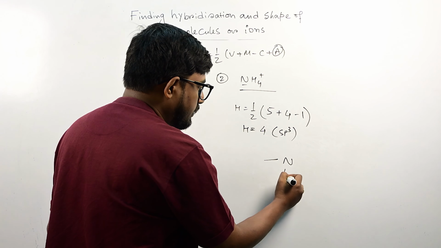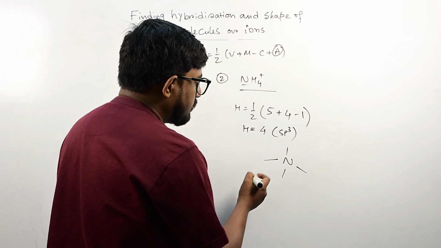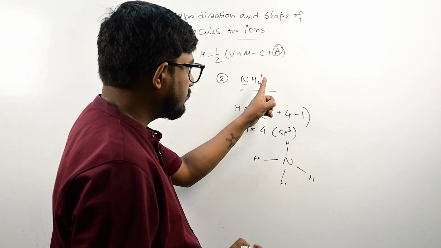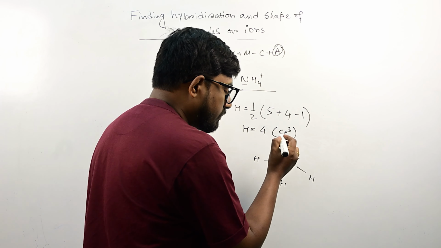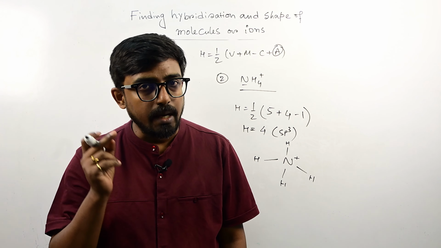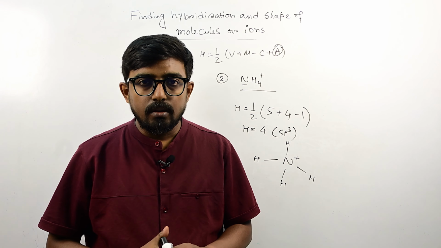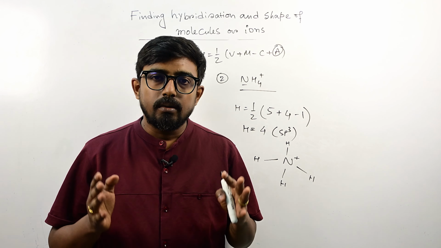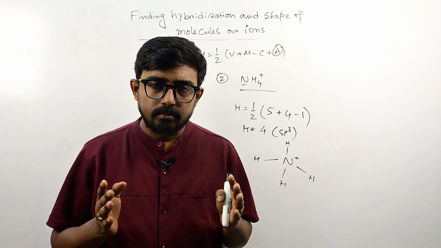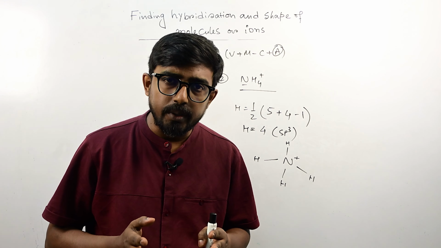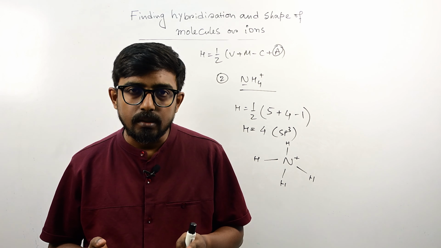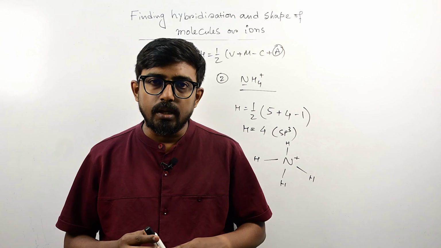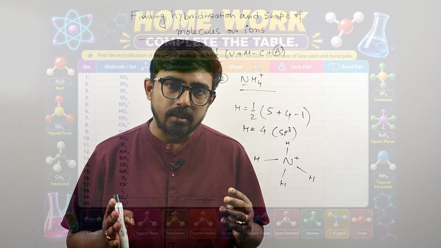So nitrogen has 4 places connected with hydrogen, and that positive charge is carried by the nitrogen atom. So with the help of this formula, we can easily calculate the number of lone pairs and bond pairs in molecules or ions. We can predict the shape of the molecule. We can easily find the hybridization.